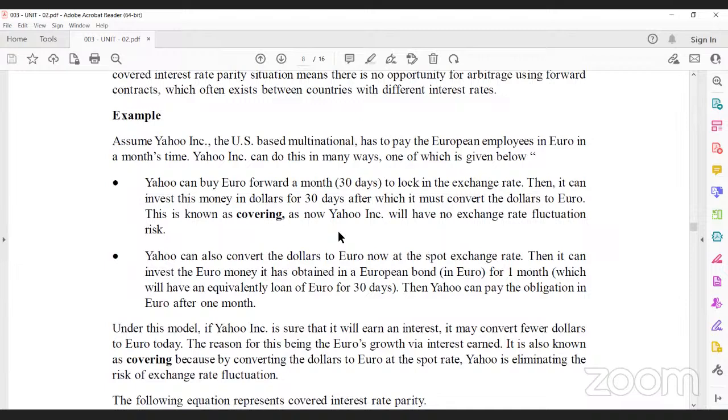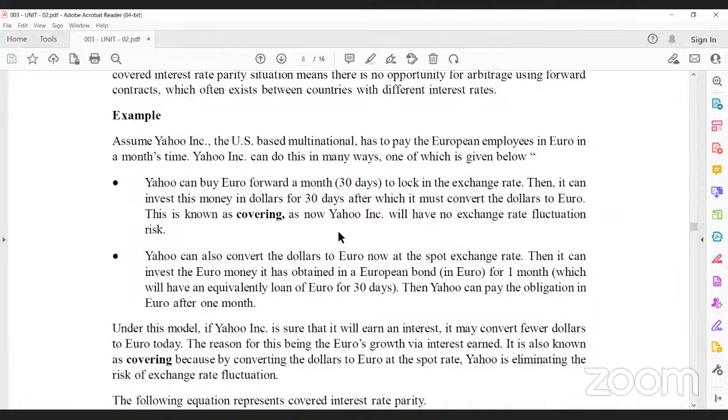Then they can invest in dollars for 30 days, after which they convert the dollars to euro. Usually we call it covering. Now, Yahoo Inc. will have no exchange rate fluctuation risk because they've converted dollars to euro.